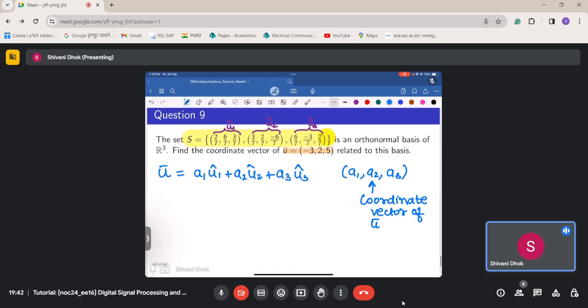So how do we find this A1? A1 is simply the projection of U bar over the basis U1 cap. Projection is found using inner product or dot product, so this is the inner product of U bar and U1 cap. Similarly, A2 is the projection of U bar over U2 cap, and A3 is the projection of U bar on U3 cap.